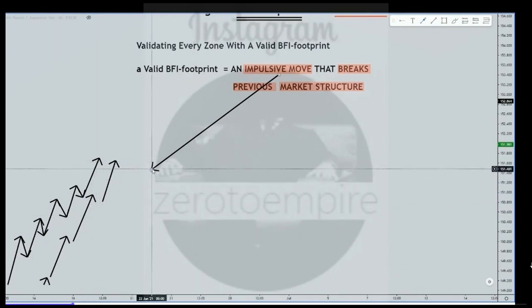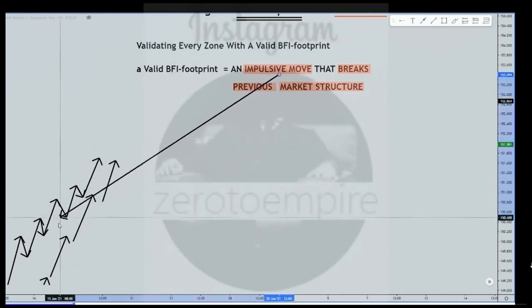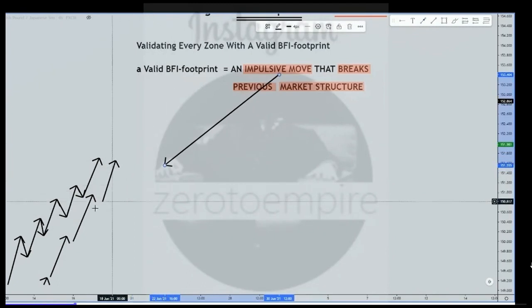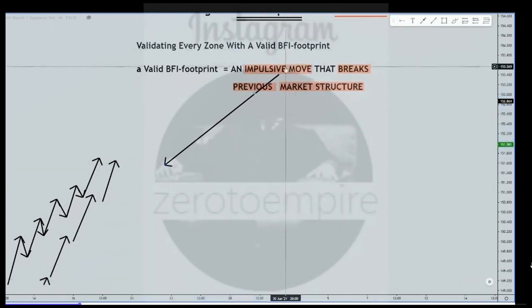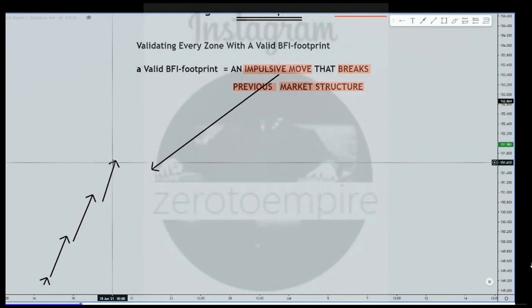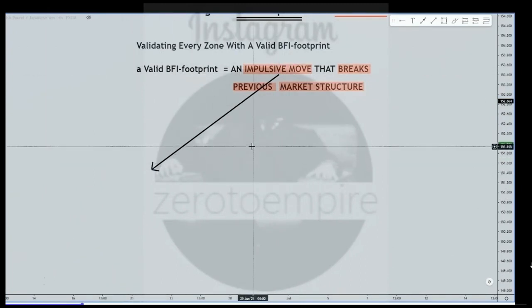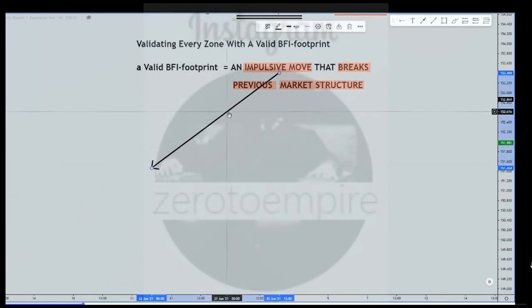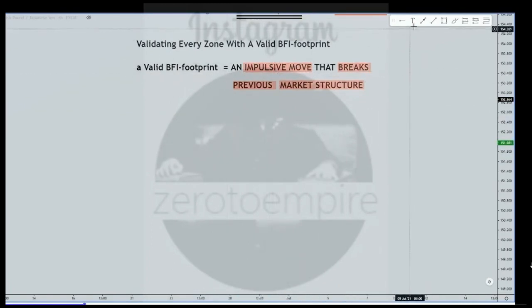It's weaker, but there's an impulsive move, and it could be strong, it could be weak. The number of candles from A to B maybe can tell you. And that's definitely a big factor in this footprint: the impulsive move and the way it moved from point A to point B.